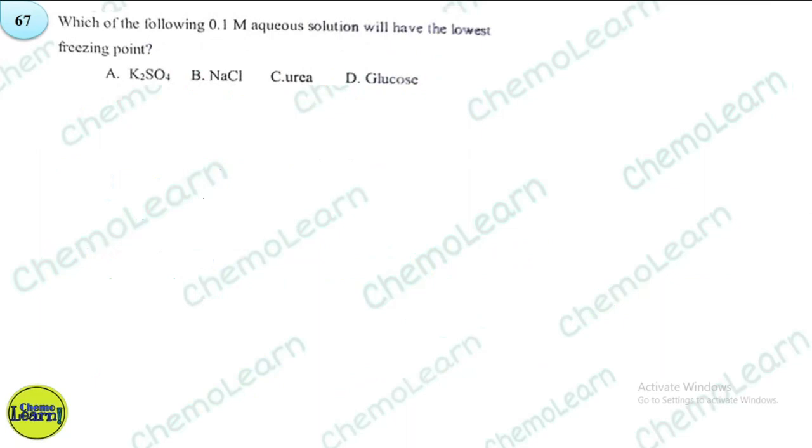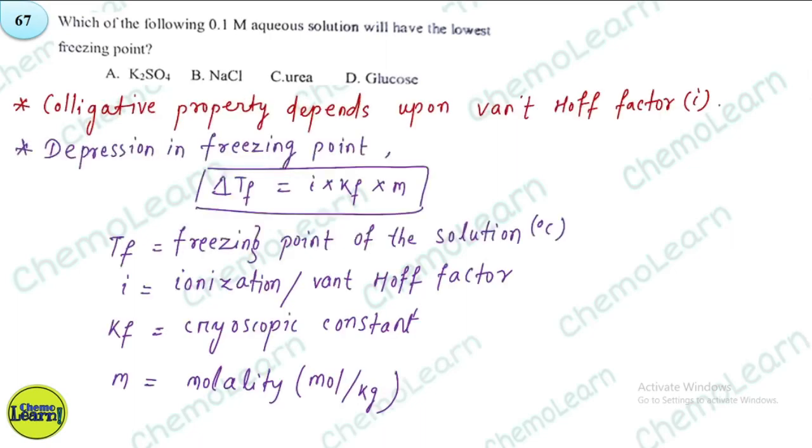Alright. Which one of the following 0.1 m aqueous solution will have the lowest freezing point? K2SO4, NaCl, urea or glucose? See, any type of colligative property like depression in freezing point, elevation in boiling point, osmotic pressure, relative lowering in vapor pressure, etc. All these colligative properties depend upon Van't Hoff factor i.